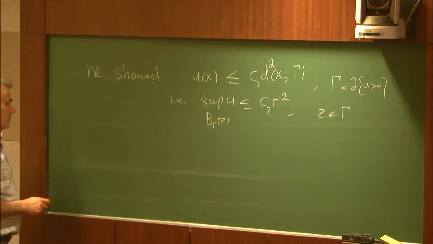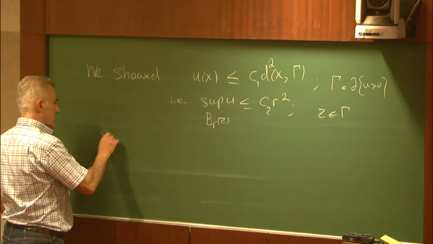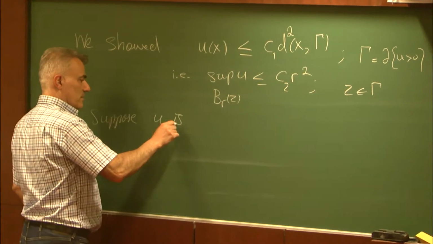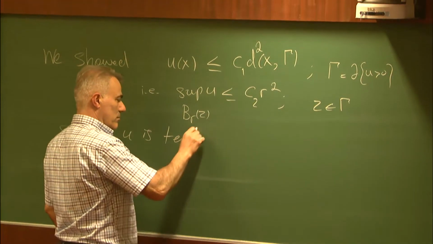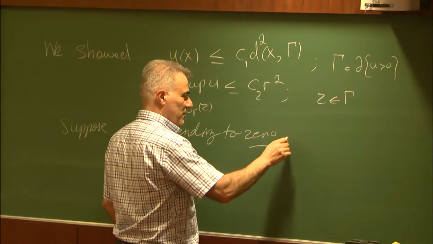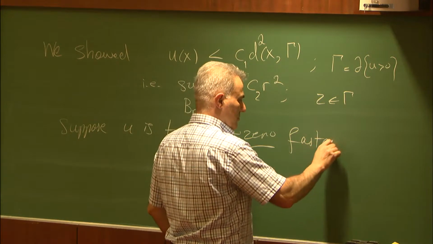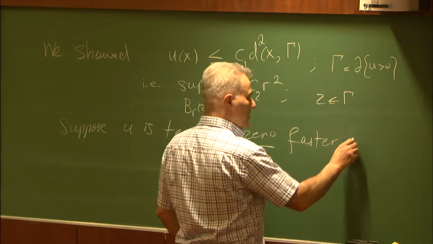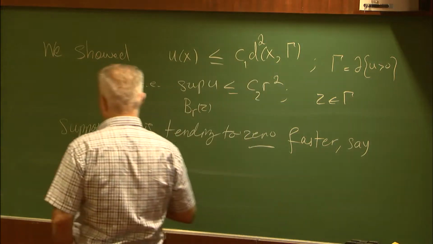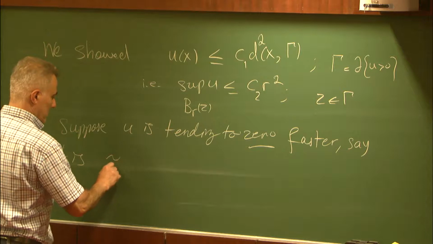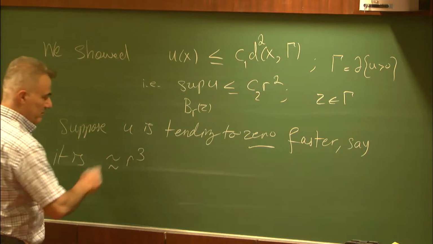But now, suppose my function is, suppose u is n equals 0. Fast. Say it is like r power 3.